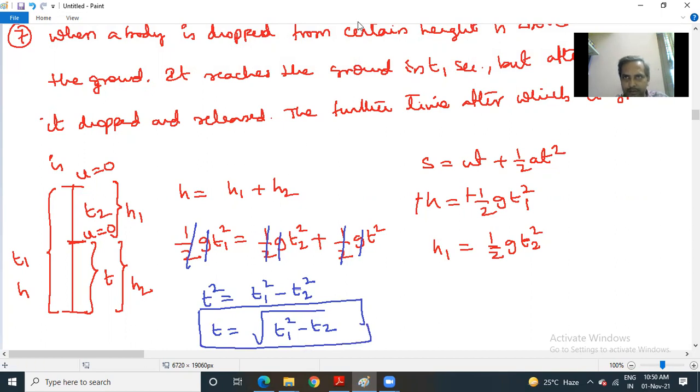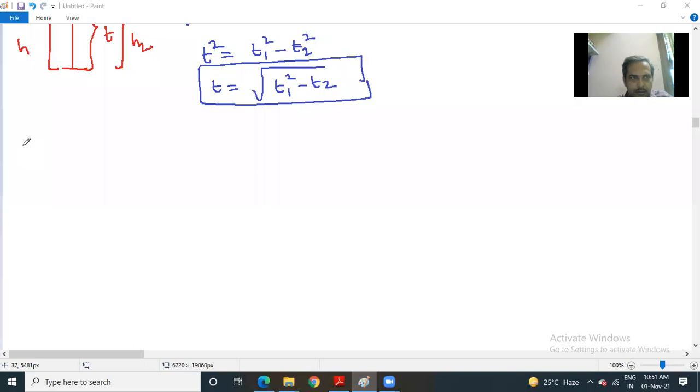So this is the desired equation. We'll move to another application. This is application number 8.